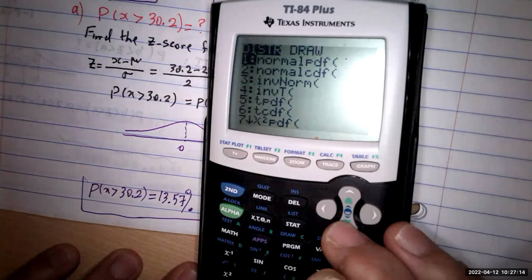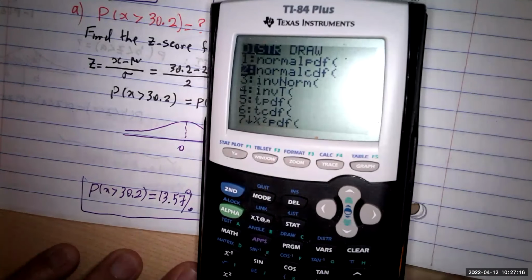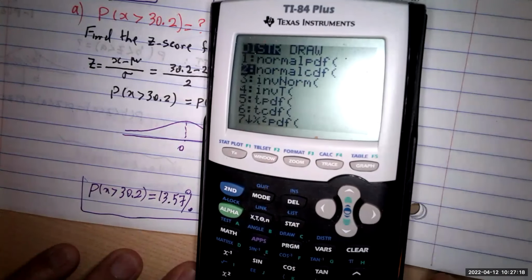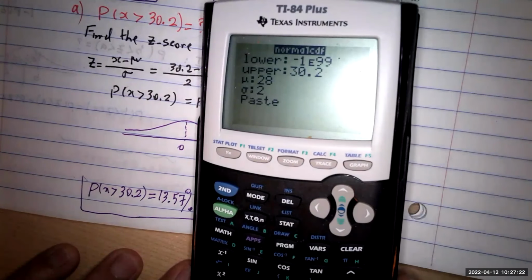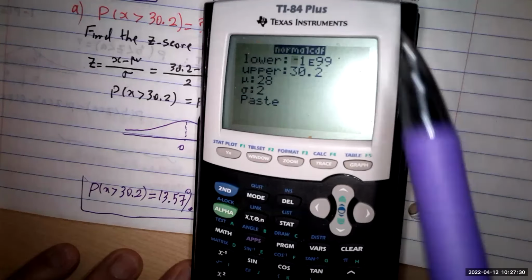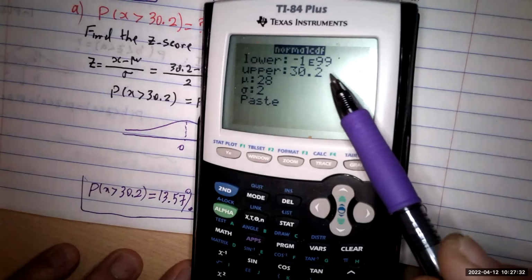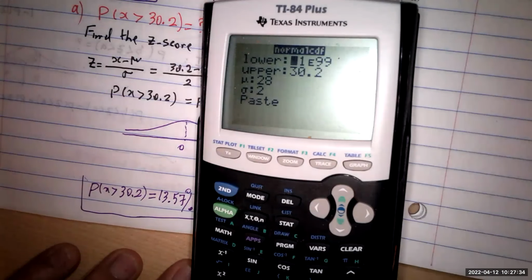So you go down, you click on number 2. If you click on number 2, that gives you this result. Look at this one. Lower and upper are going to be the interval that we use for these problems. For the infinity, we use E99. If you use a TI-83 or 84, that's already there.